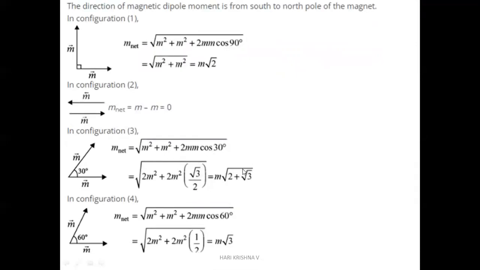So we get m root of 2 plus root 3. Next here, again when it is split, the length is, when split, we take it as 2L. Remember, for that reason only 2m. So here also it is split, 60 degree, m root 3. Seeing all these conditions, option C is the maximum, because m root 3, 0, m root 2. So it has the maximum condition, 30 degree.